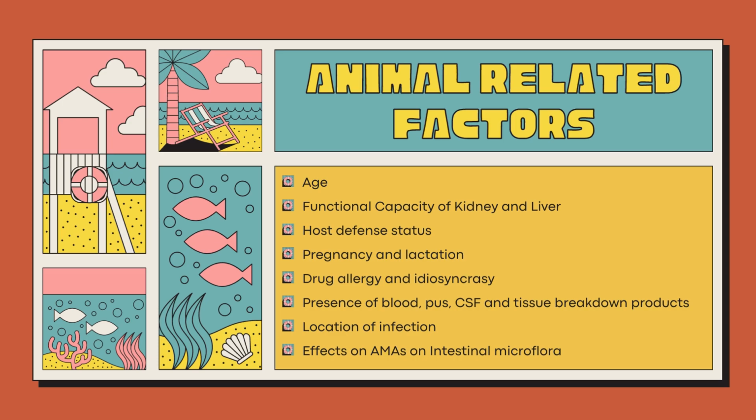Furthermore, in drug allergy and idiosyncrasy, if there is any previous history of allergic reaction of an animal to an antimicrobial agent, the drug should not be given in that animal.